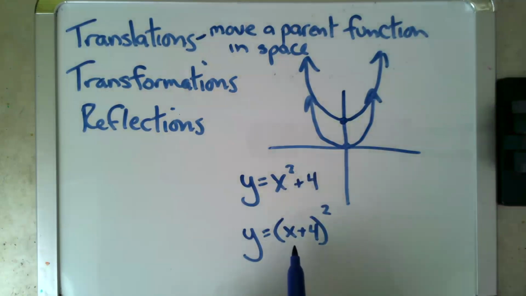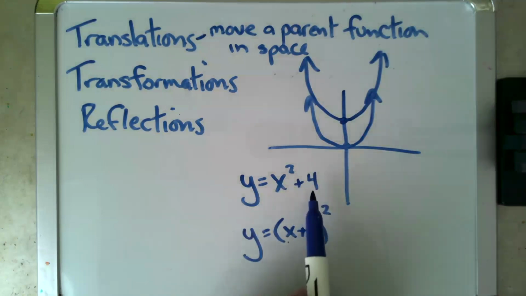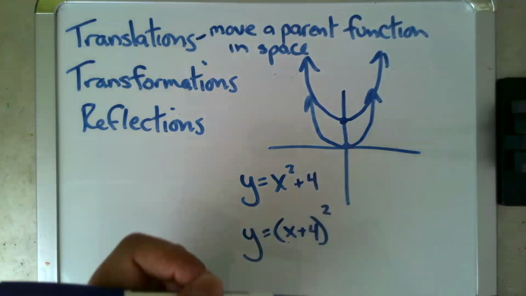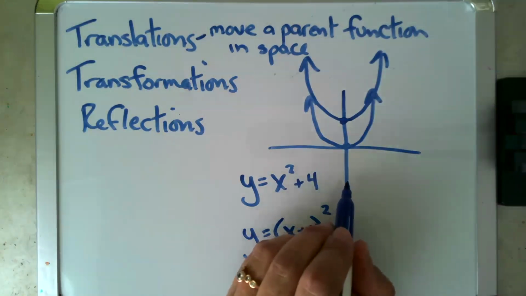Now, down here, I am adding 4 within my squared. I'm adding it directly to my x. When that's the case, that is a horizontal shift. Now, vertical shifts happen exactly as you would expect them. If it says +4, you move it up 4. If it says -4, you move it down 4.